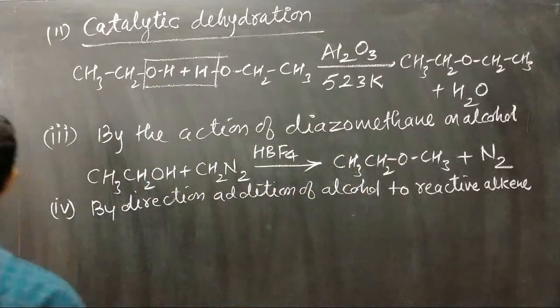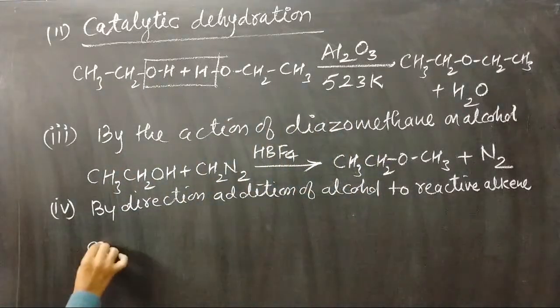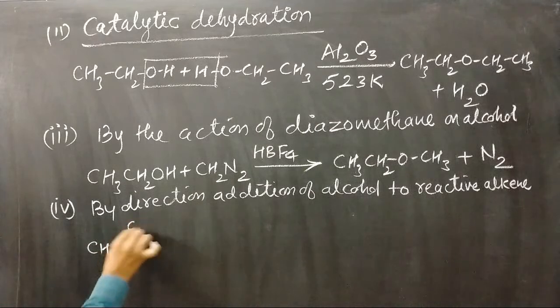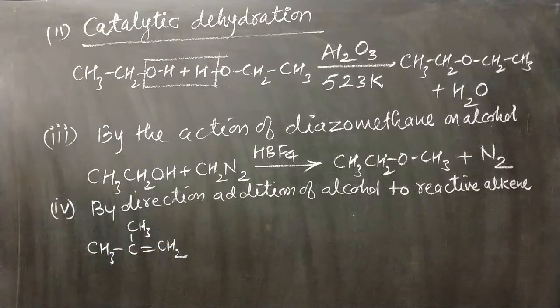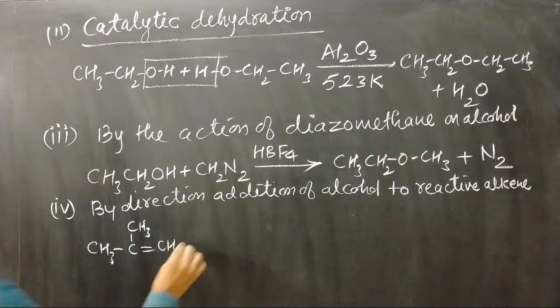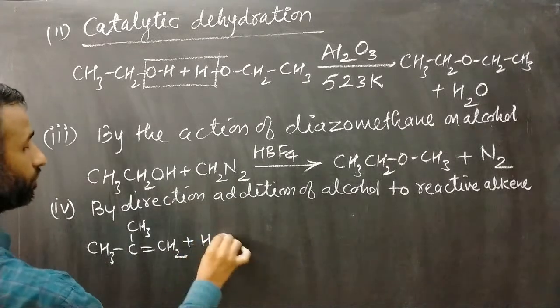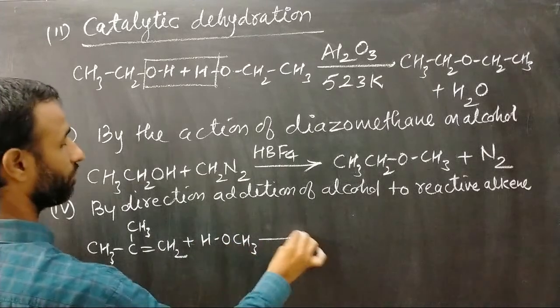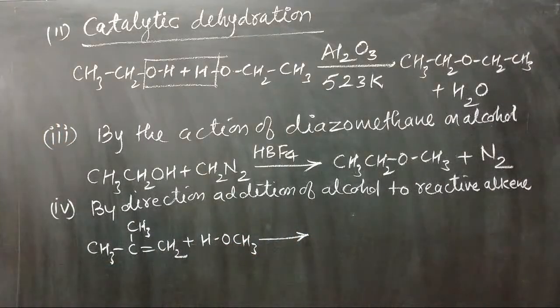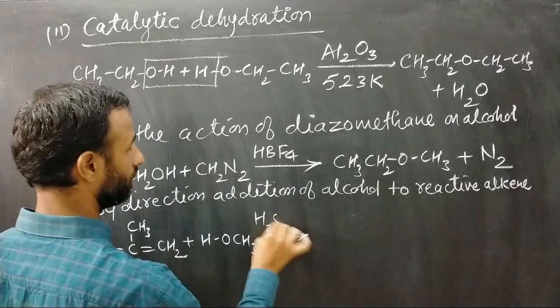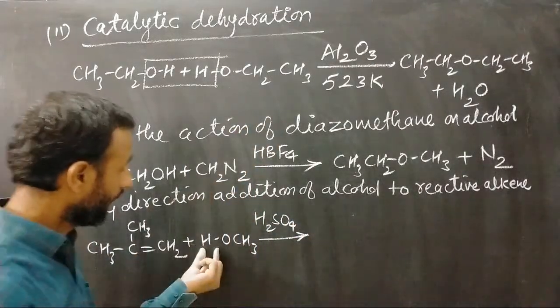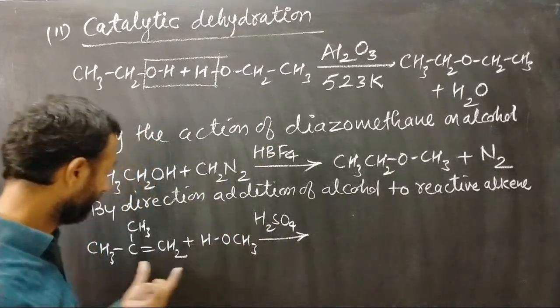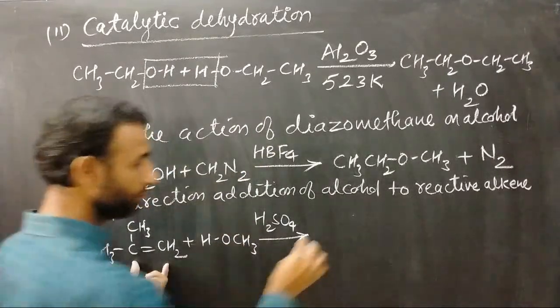Okay, so what we do, we have an alkene, let us say this alkene with methanol in the presence of concentrated H2SO4. So say H plus and OCH3 added here.